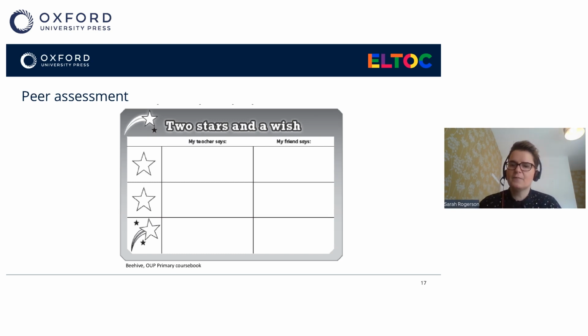And I can see that there's a lot of people who do use peer assessment in the classroom sometimes, but it is a very, very powerful tool, because again, there's always research that shows something, right? But there's research that shows that students learn much better from each other than they do from a teacher, and that is a really important thing.